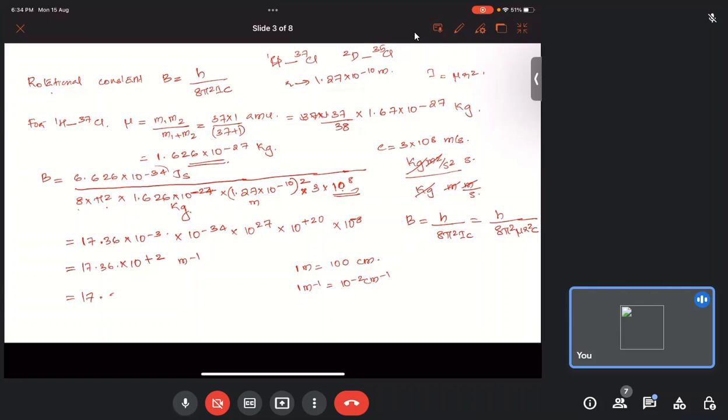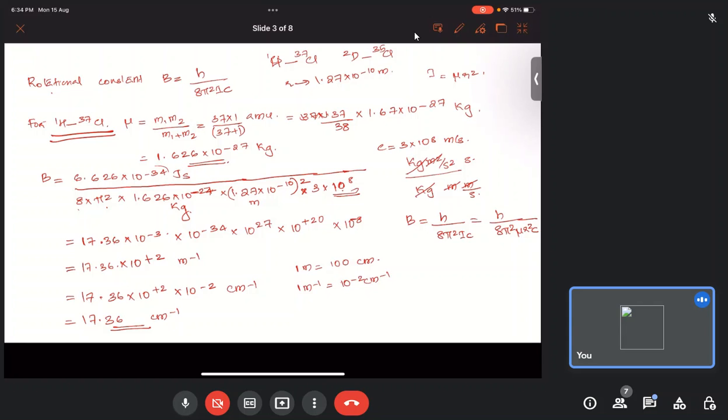So this is going to be 17.36 into 10 to the power 2 into 10 to the power minus 2. When we are converting this meter inverse to centimeter inverse, it is going to be 17.36 centimeter inverse. So this is for when it is proton and 37 Cl.